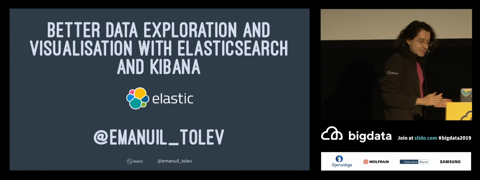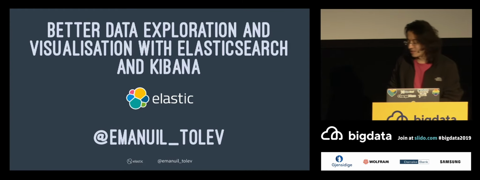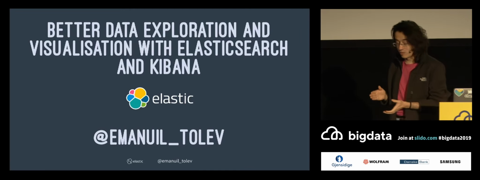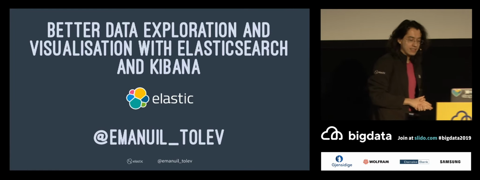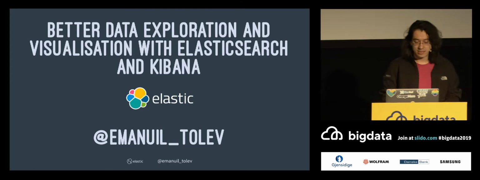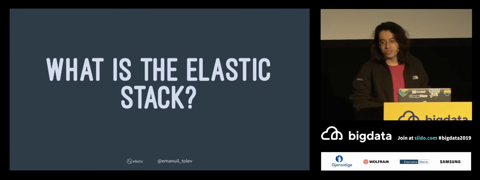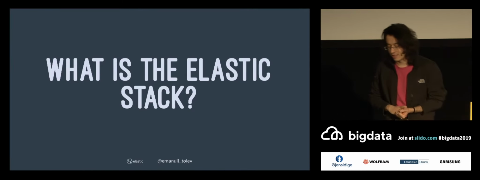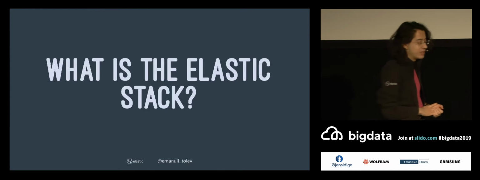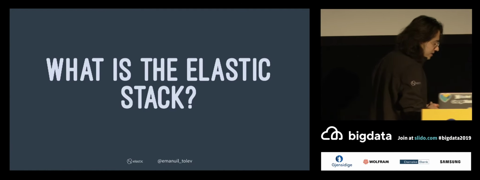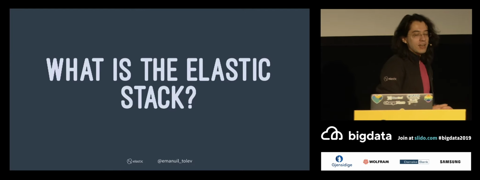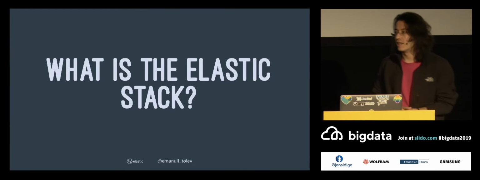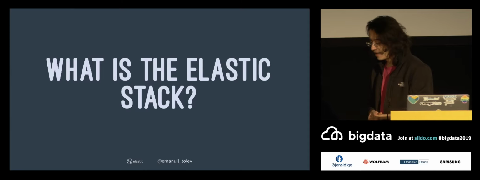My name is Emanuil, and I work for Elastic. Elastic is the company behind the Elastic Stack, which is a suite of tools that have quite a lot of varied uses, but recently we've been asking ourselves whether they can also be useful to data scientists and in what ways they can be useful.